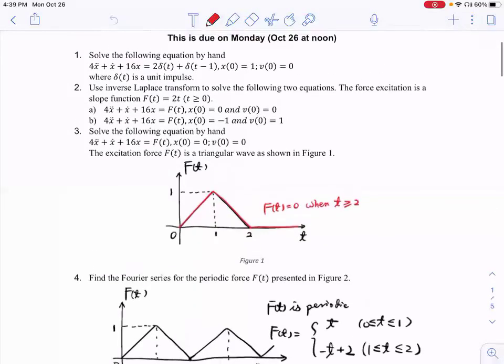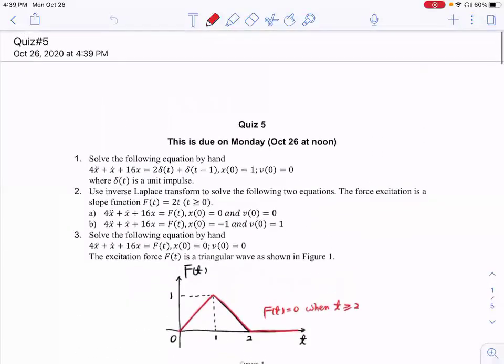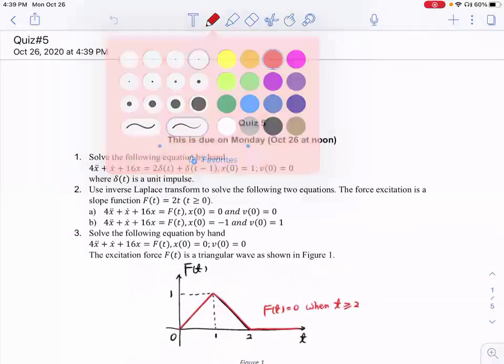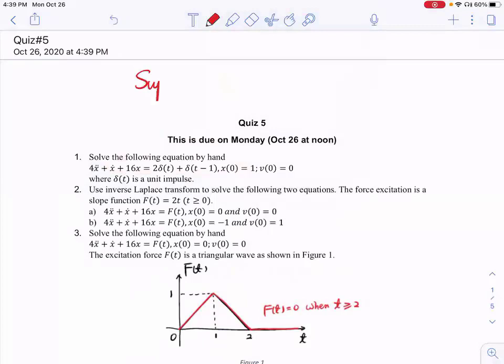All right, let me highlight something. For these exams, the backbone, the most important thing you have to understand, is called superposition, because we learned a lot of different kinds of excitations: impulse excitation, periodic, arbitrary, step input, square waves, a lot of different things.